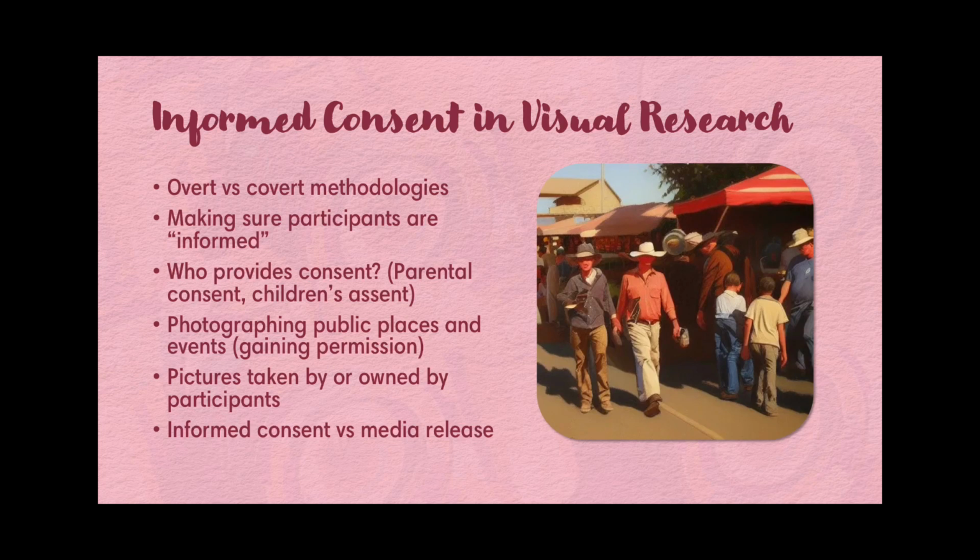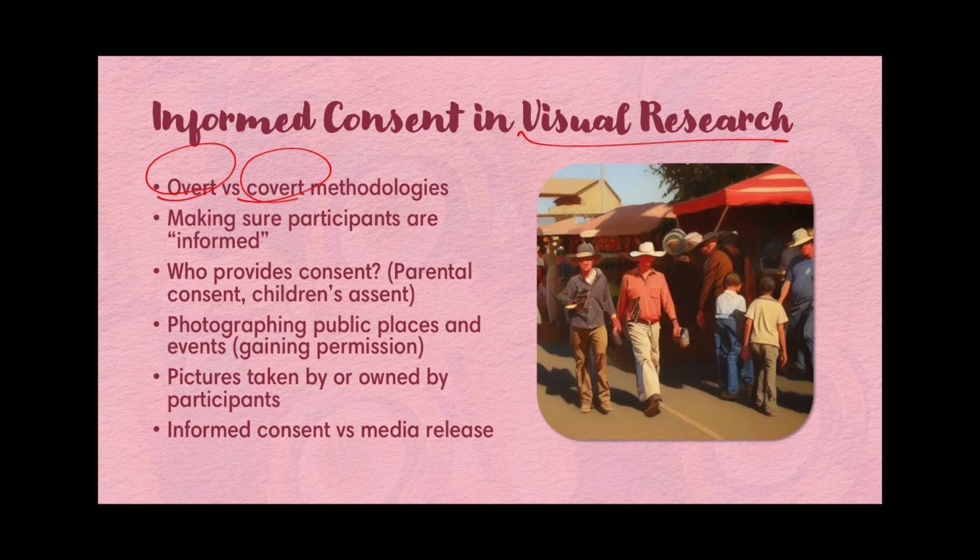So what are informed consent concerns that are particular to visual research? The first one is whether or not you are trying to do overt or covert methodologies. When we say overt methodologies, this is the type of research wherein the people involved in your research know that they're being researched on. And this is usually the type of research that we do in the department. People know that they're being researched on.